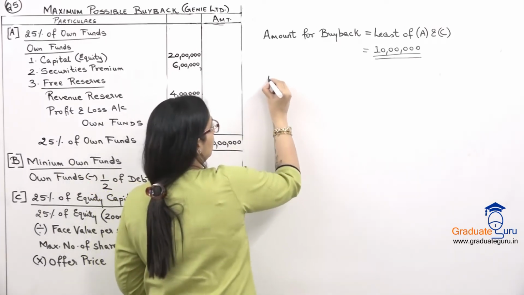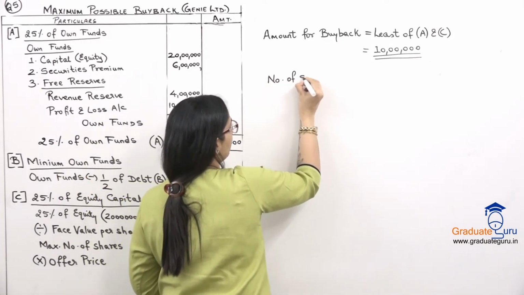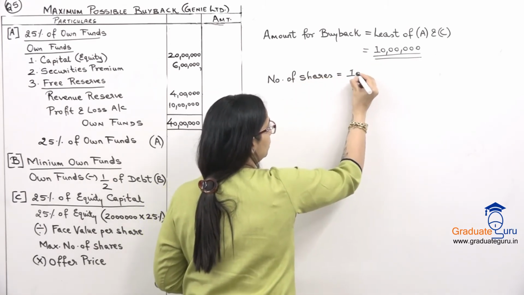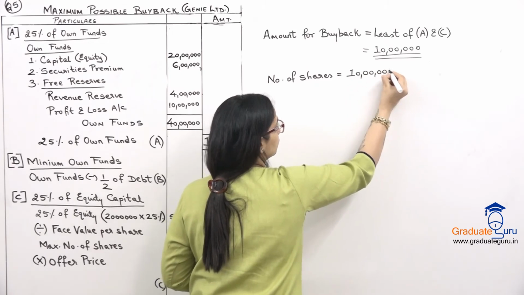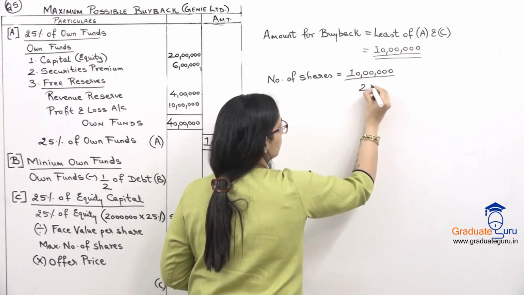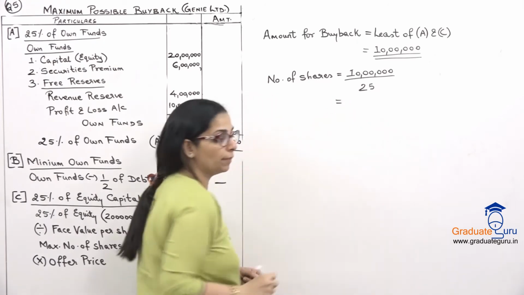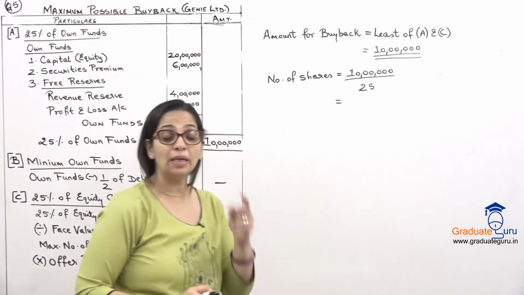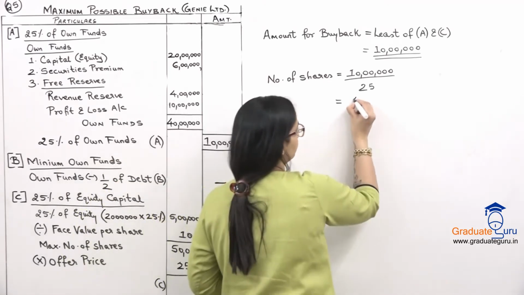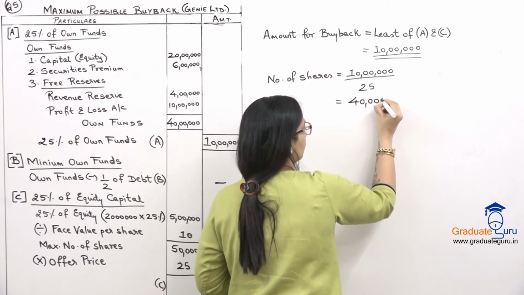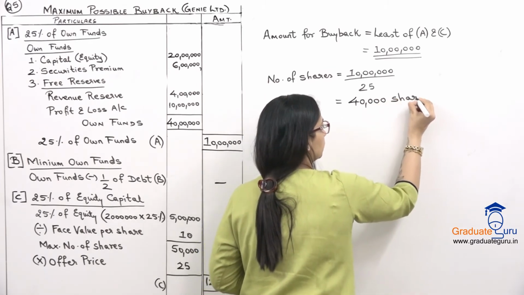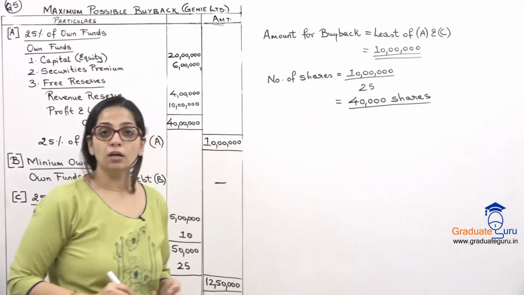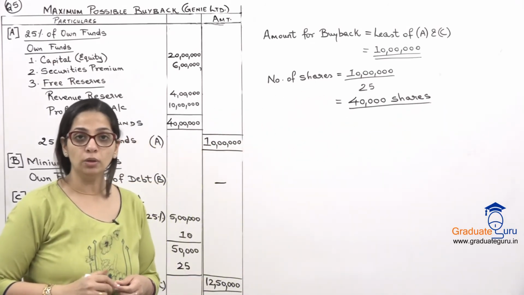And your number of shares for buyback will be this least amount divided by your offer price, जो हमें दिया हुआ है. So 10 lakh divided by 25 gives me 40,000 shares. So this is the number of shares that we have to buy back.